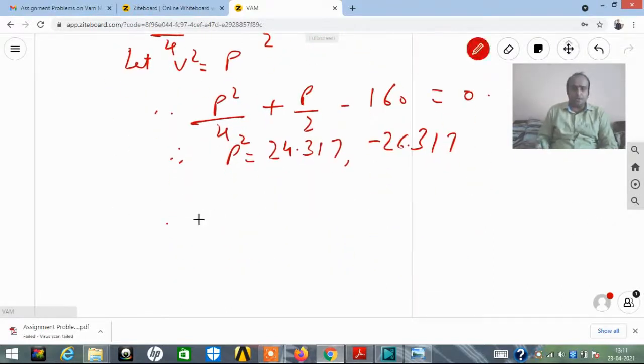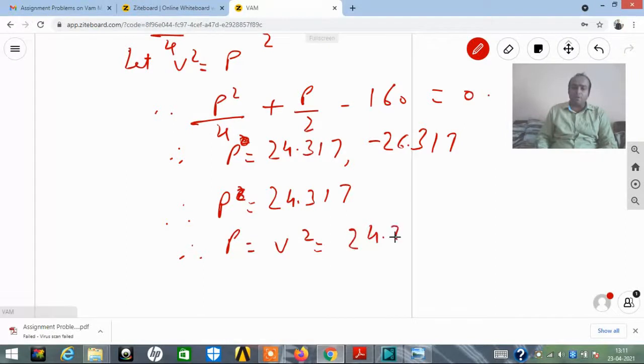Therefore p is equal to 24.317. Therefore p is equal to v square is equal to 24.317, and therefore v is equal to the square root of 24.317.